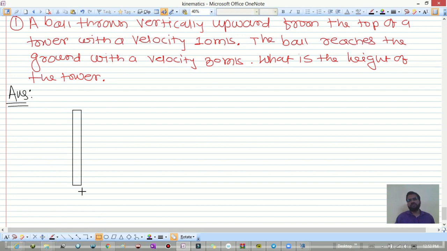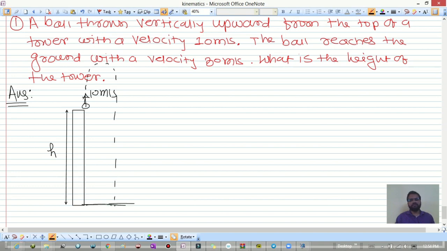So here tower is given, and when the ball is thrown vertically upward from this top, let us consider the height of the tower is h we have, with a velocity 10 meter per second. So it will go up, it will reach a certain height, and it will come down and fall. Okay, no problem.